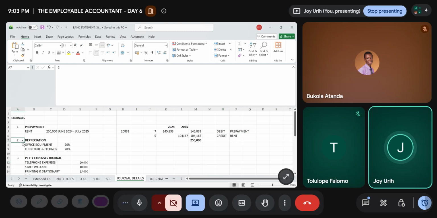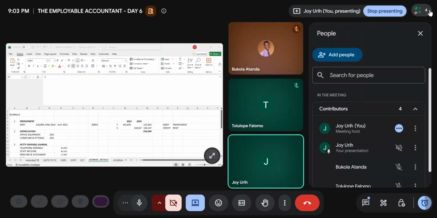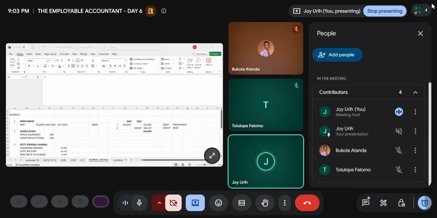So we had the purchase of two different assets, which are office equipment and furniture and fittings, right?